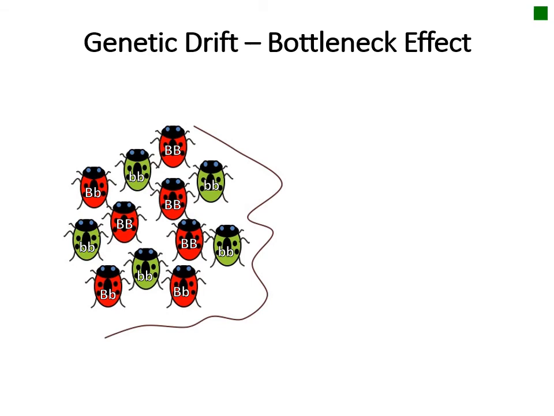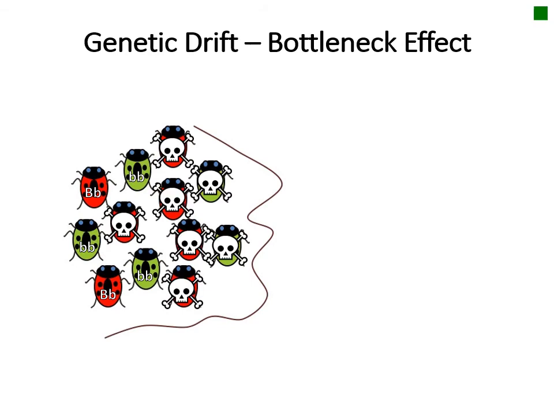This population is living along a coastal shore, and when a hurricane comes through, it floods the coast, killing off a random section of the population. The remaining population now has a different allele frequency, with 3 homozygous recessive green surviving and 2 heterozygous red, giving us a drop in the B allele frequency to only 20% and a rise in the recessive b frequency to 80%.